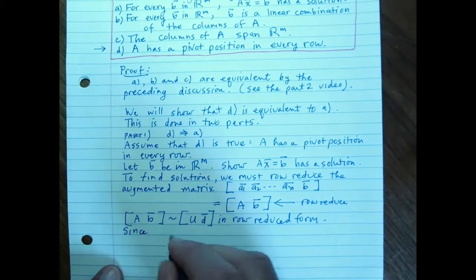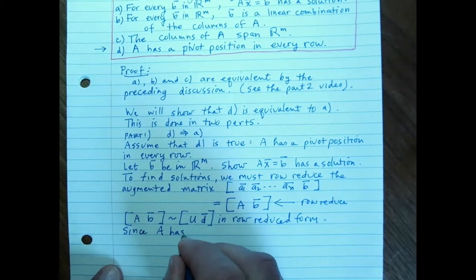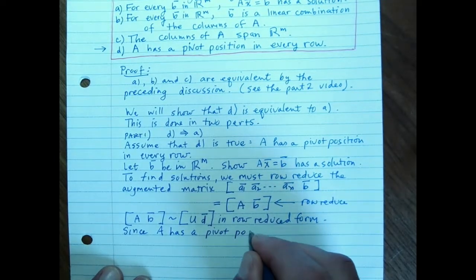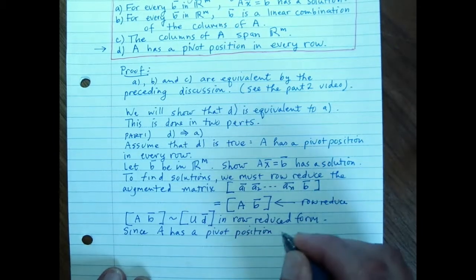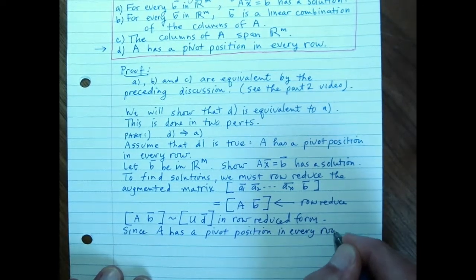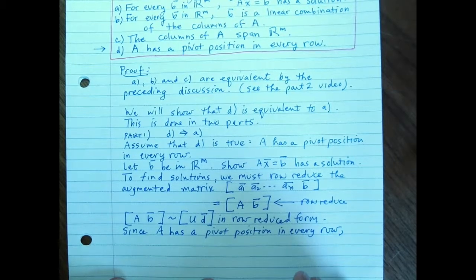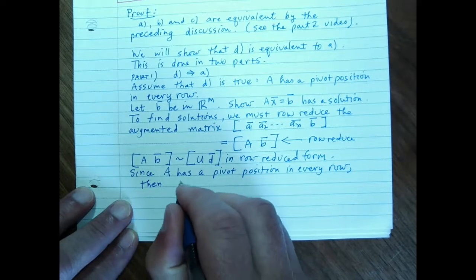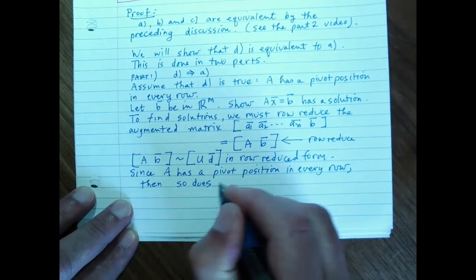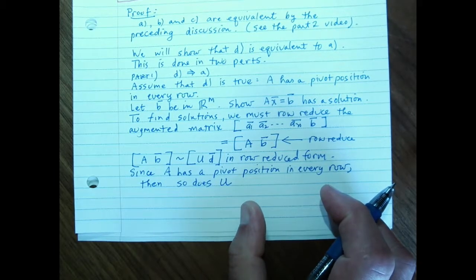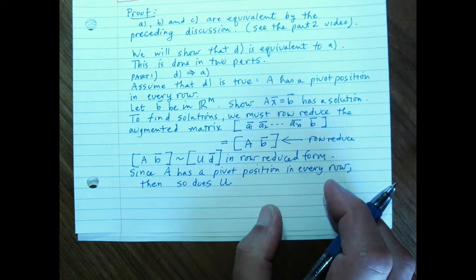Since A has a pivot position in every row, then so does U. Because as we row reduce, those pivot positions will be in the same columns.